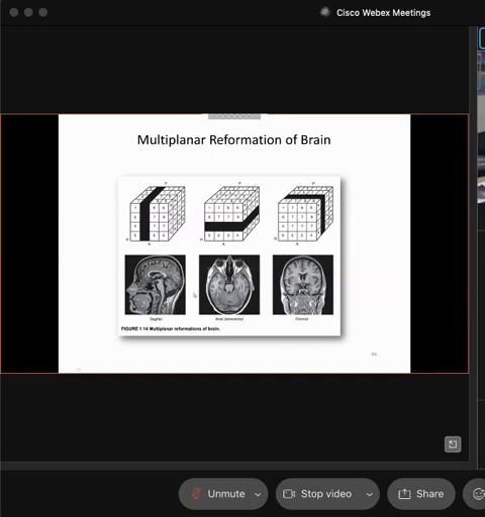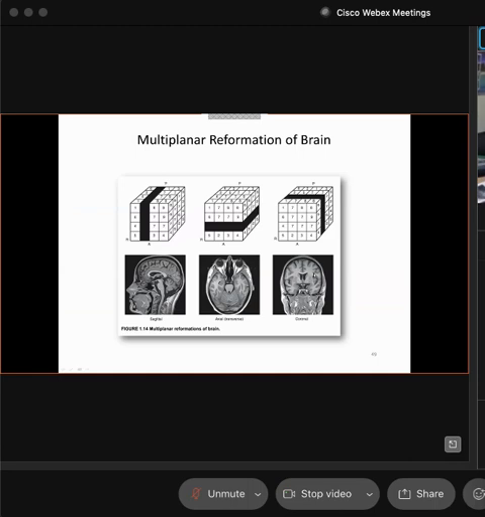So when we're looking at axial, this is how, when we lay the patient down in a recumbent position on the table and they are moved into the gantry of the CT or the MRI machine, the images that are acquired are always going to be axial.